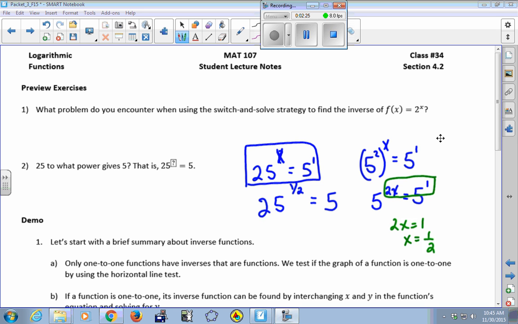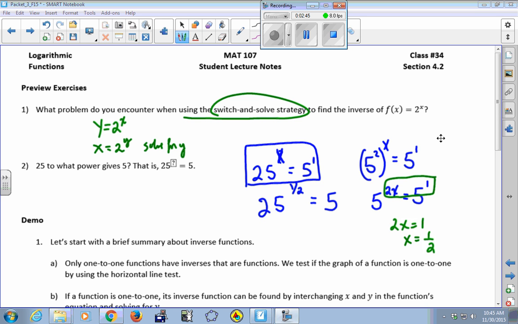Now, what's the problem with this? It's going back a few weeks now to finding the inverses for a function. We use this strategy called switch and solve, which is you switch your variables here. And then you're supposed to solve this for y.